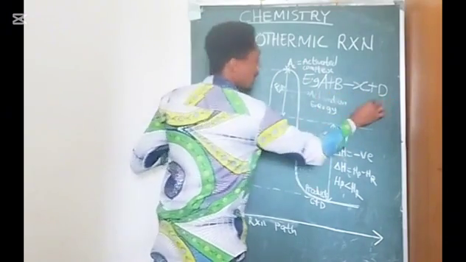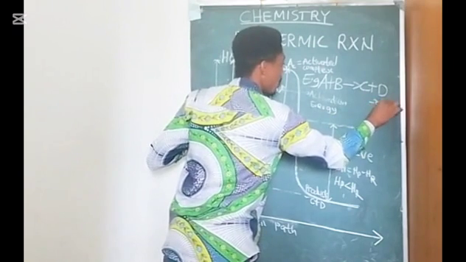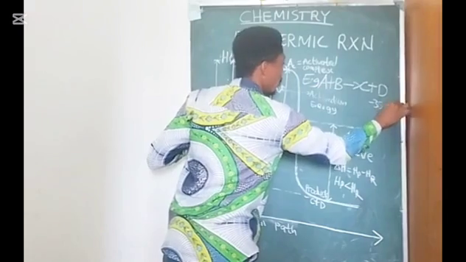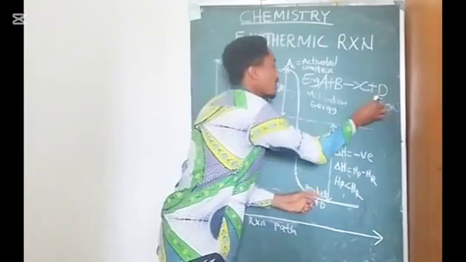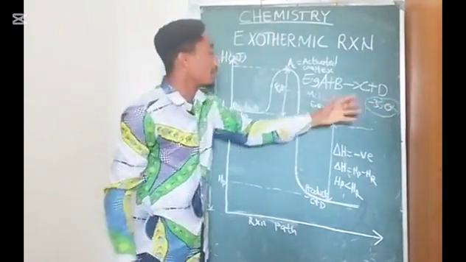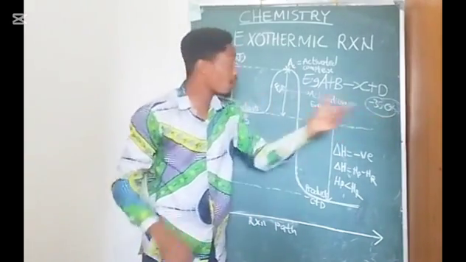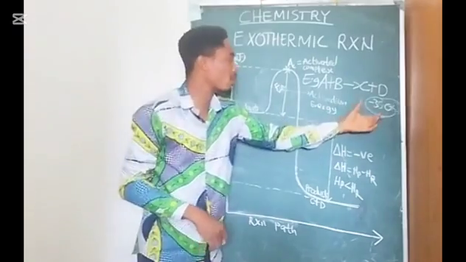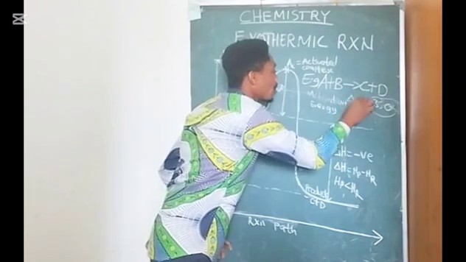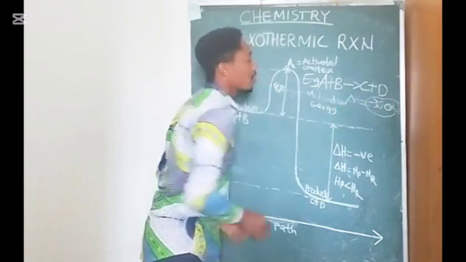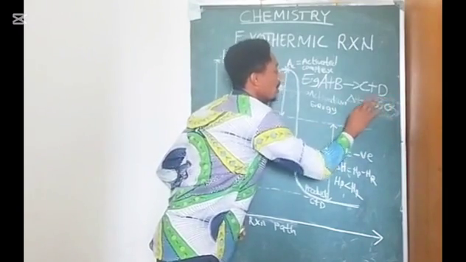And then you may see something like this, minus 35.0 kilojoules. This value is telling you that this reaction, this is just an example, is an exothermic reaction, because the enthalpy change is negative.